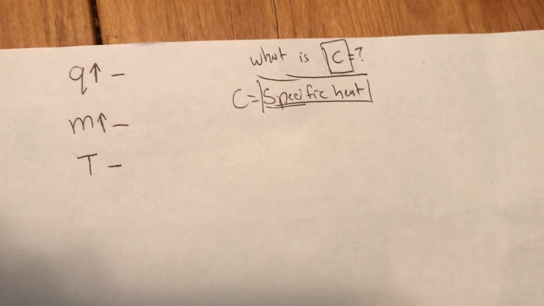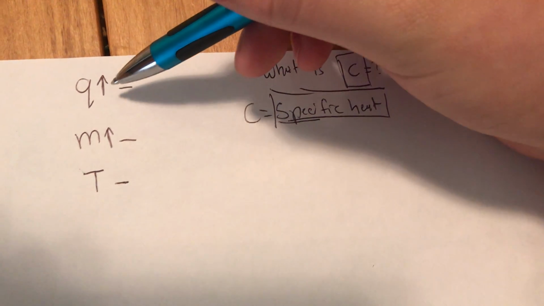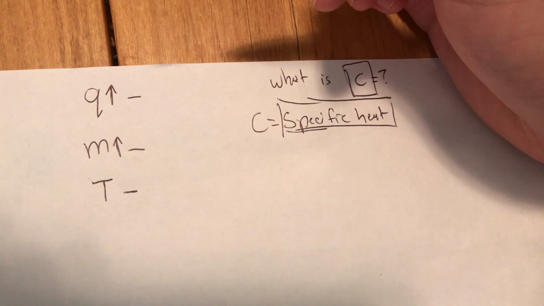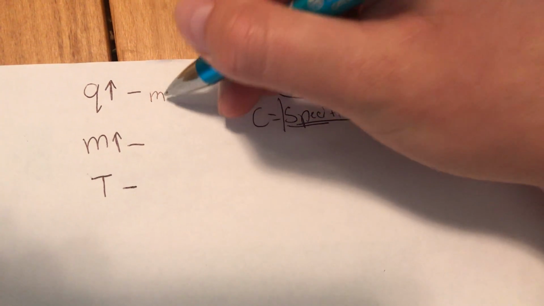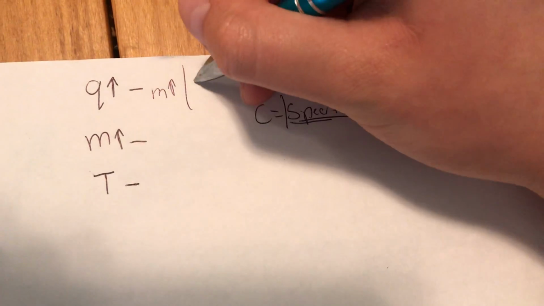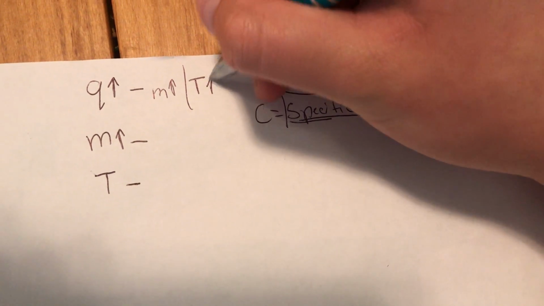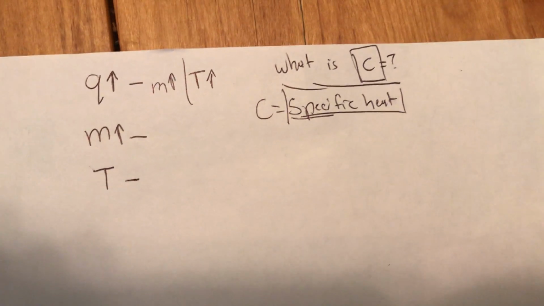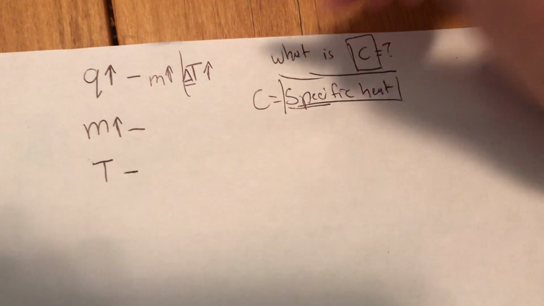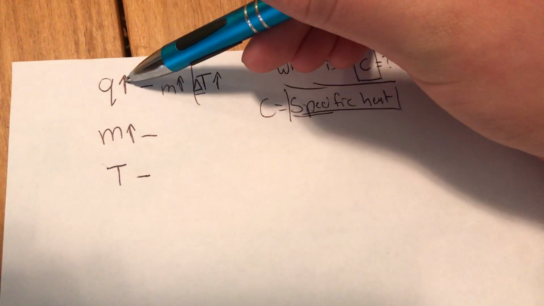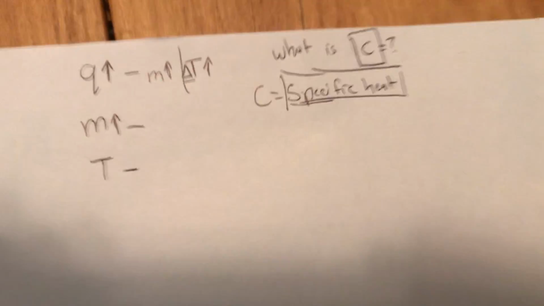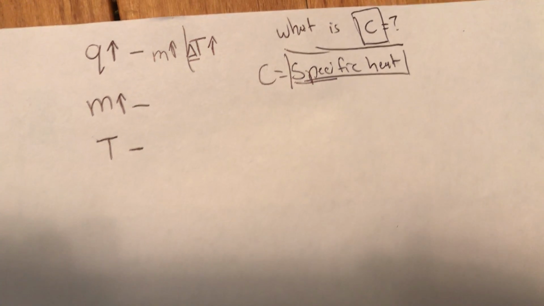Whenever Q was increasing, you should have seen that mass was also increasing, and temperature was also increasing. Quick note: this is a change in temperature, not just temperature. So when Q increases, the change in temperature should increase, and the mass should also increase.